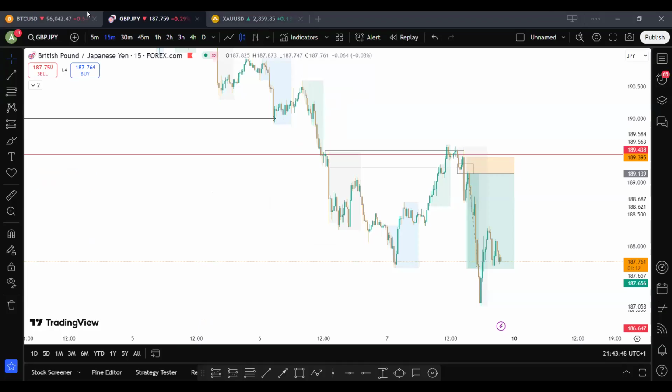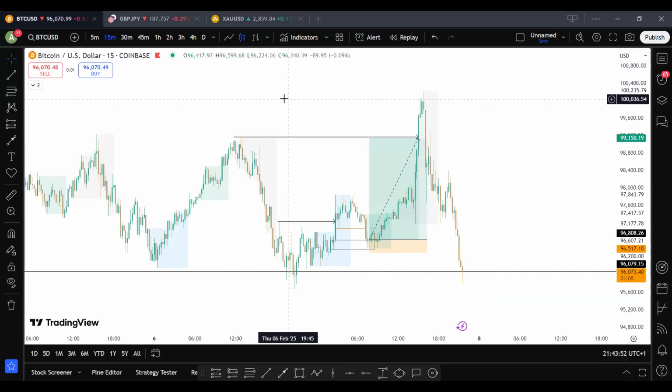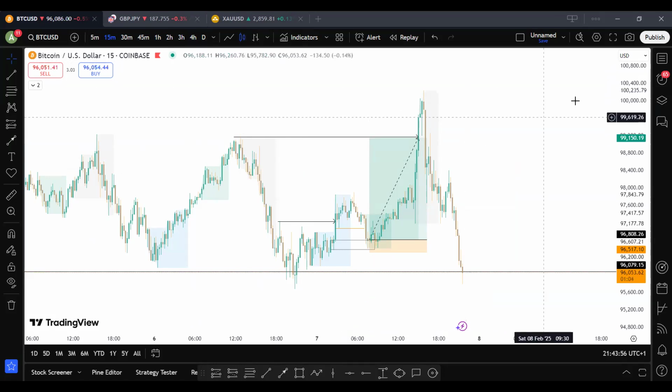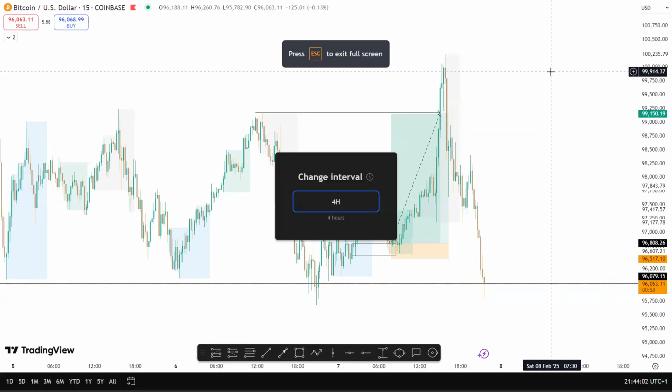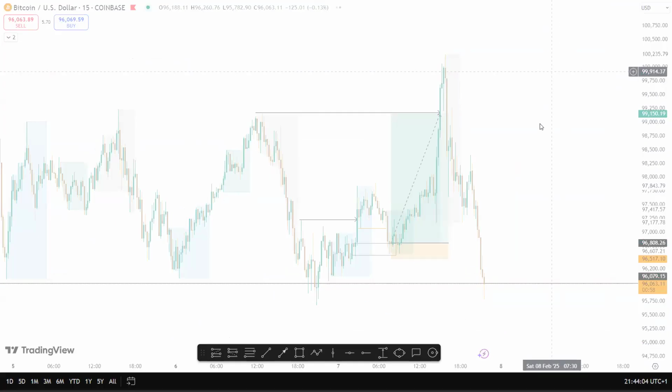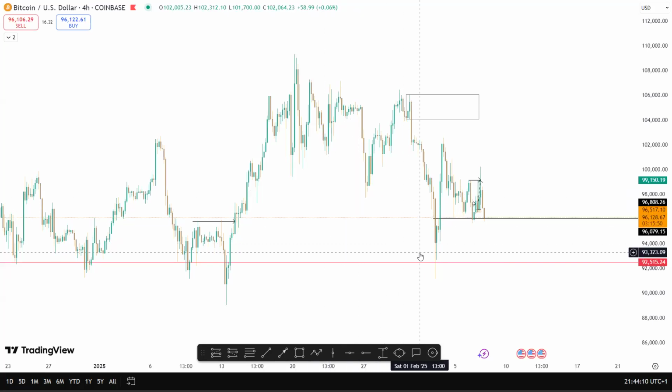Okay, so for BTC USD, okay, so let me pull out this chart and start afresh with you guys.